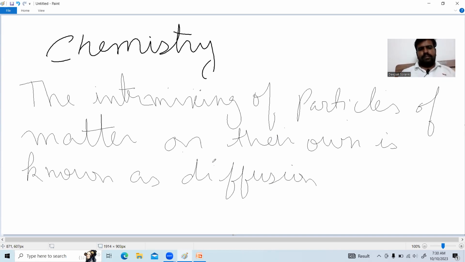There is a difference between osmosis and diffusion. In osmosis, a semi-permeable membrane is present, whereas in diffusion, a semi-permeable membrane is not present.